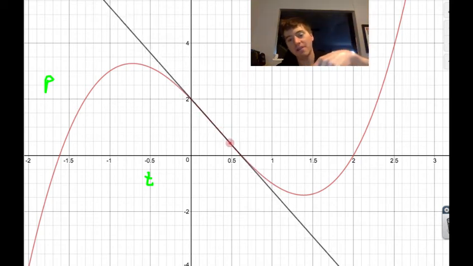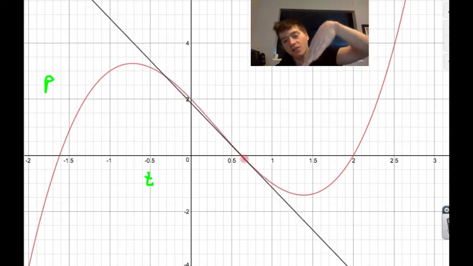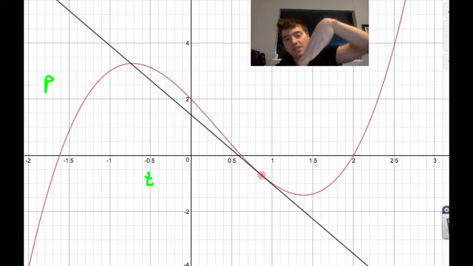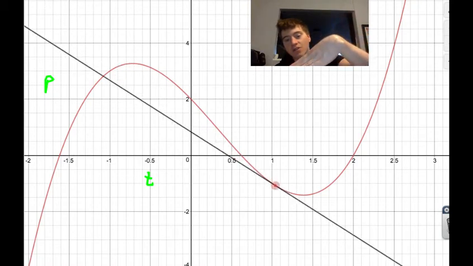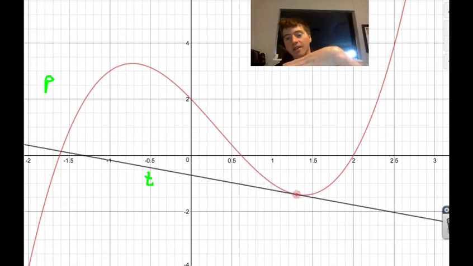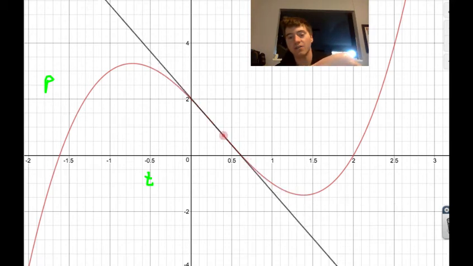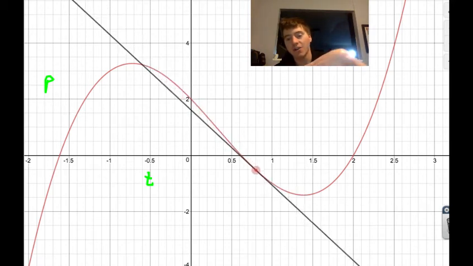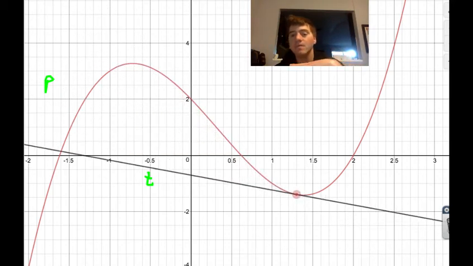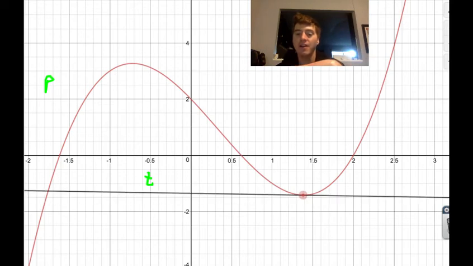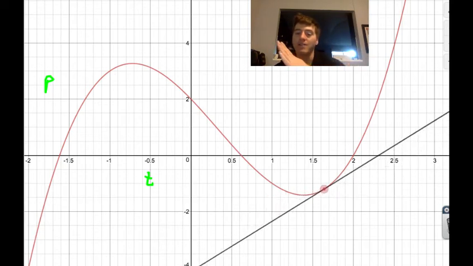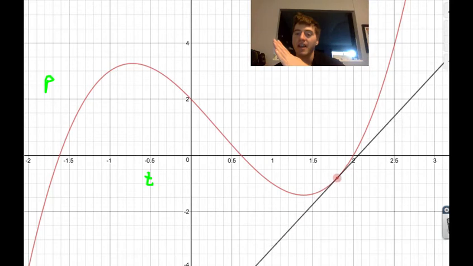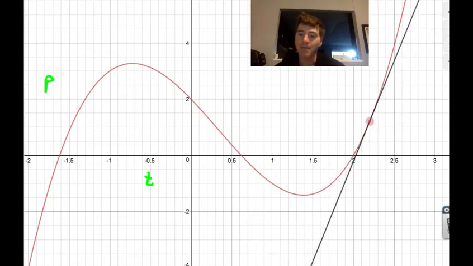So what happens in the other direction? On this curve, you can see that the slope starts to get shallower again until I get to 0. So from here, I slowed down again and then got to 0, and then I turned around to go back to the positive direction and speed back up.